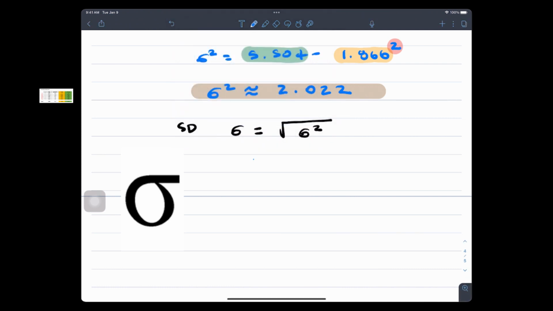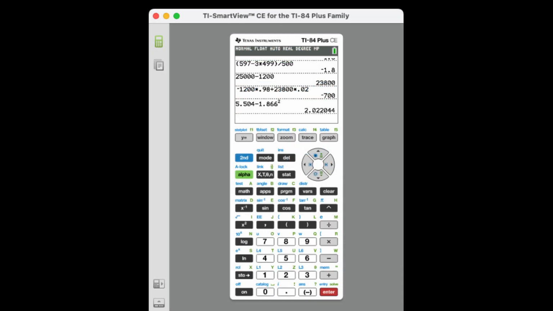All we're going to do is say, okay, we're going to take that variance of 2.022. We're taking the square root of that. All, of course, in the TI. So second, there's a square root, 2.022, and you end up getting, what is this number going to be? 1.42. There's thousands.